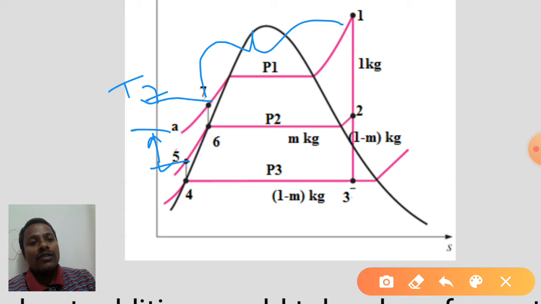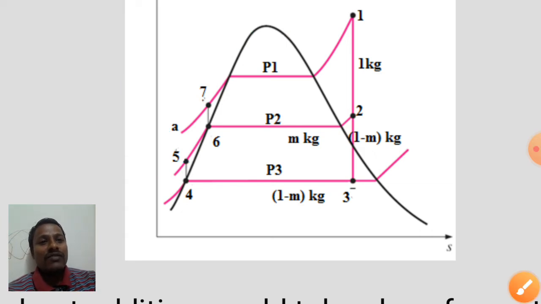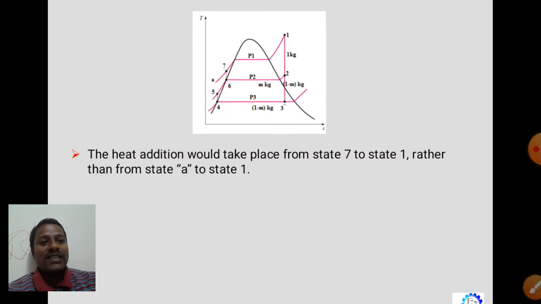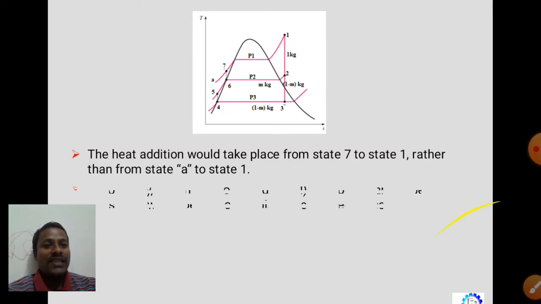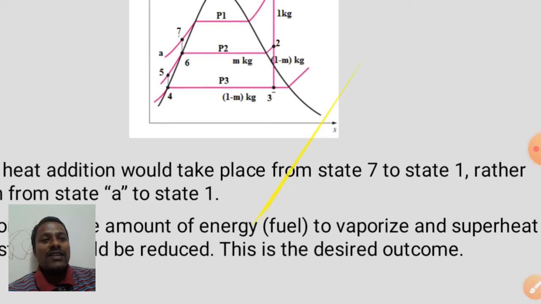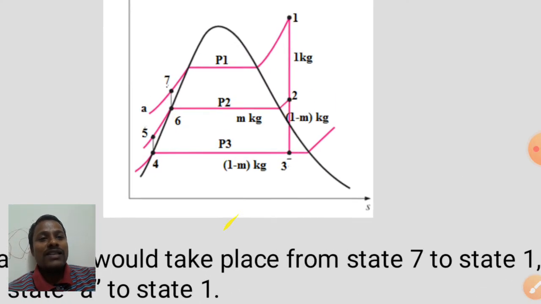We know that if we increase the temperature of heat addition, efficiency increases. So that is the benefit of the regenerative cycle. Then again, the amount of energy to vaporize and superheat the steam would also be reduced, so the fuel is reduced.